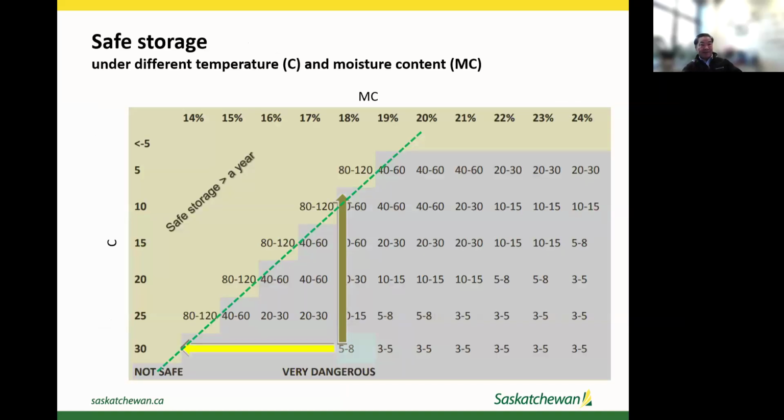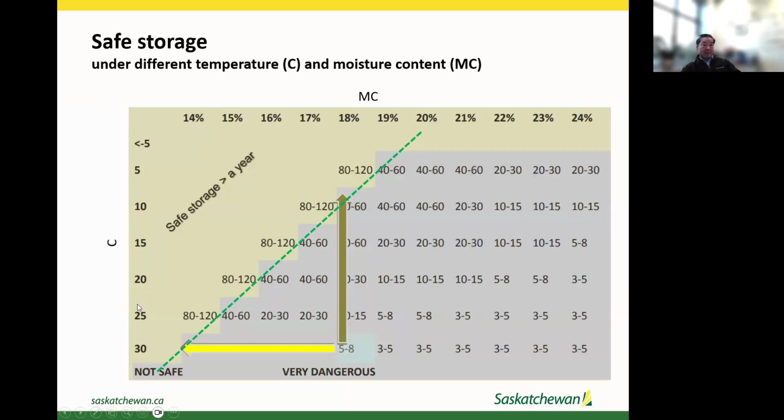Anyway, first of all, I want to introduce this kind of storage diagram. Normally this diagram uses the moisture content as one axis and temperature on the other axis.